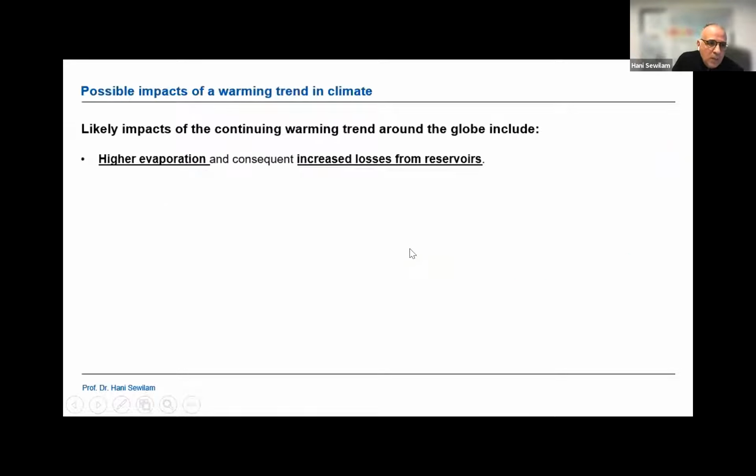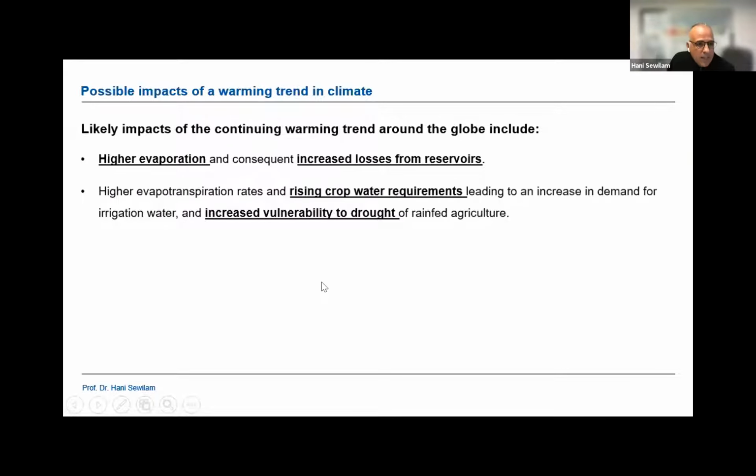So here, what will be affected by the global warming when we speak about Africa, or even in general? There will be high evaporation, which means when we have dams or reservoirs, we have to expect that more water will be evaporating in the future. And this has to be in our equation or calculations.